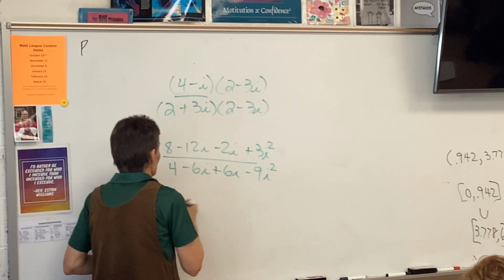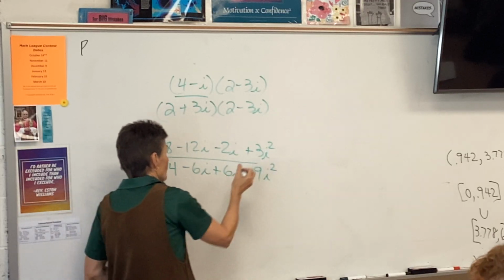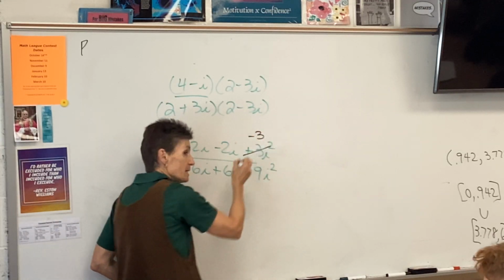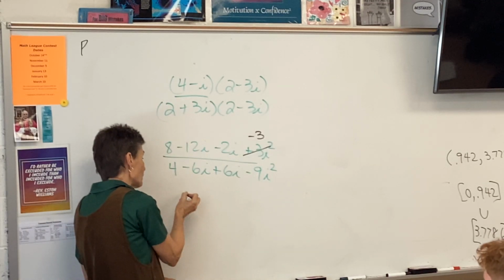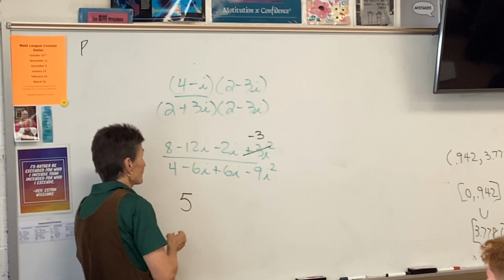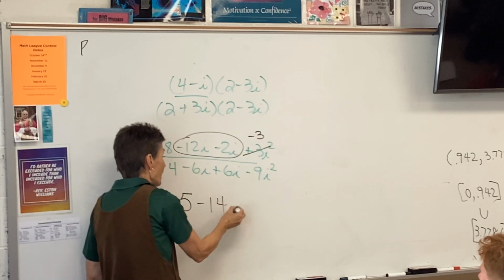What do we know about i squared? -1. So this is really -3 that will combine with the 8 and leave you with 5. These can be added to be -49.